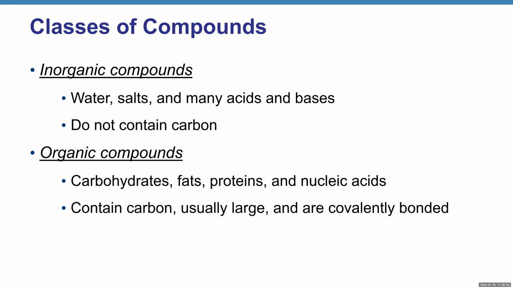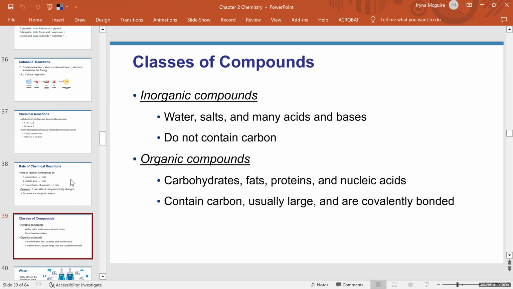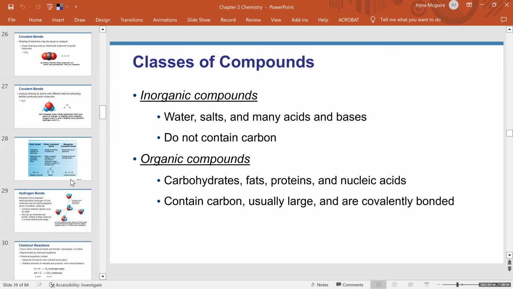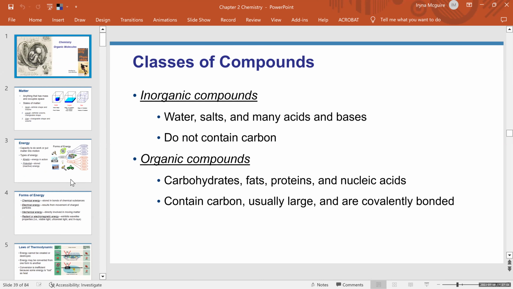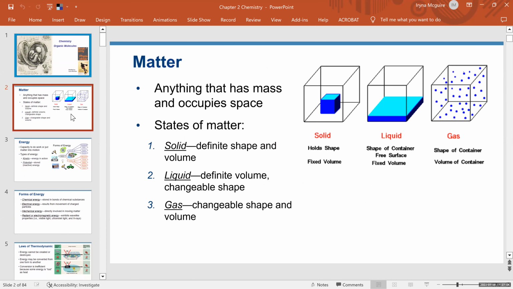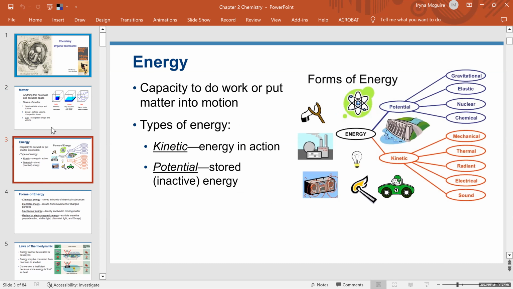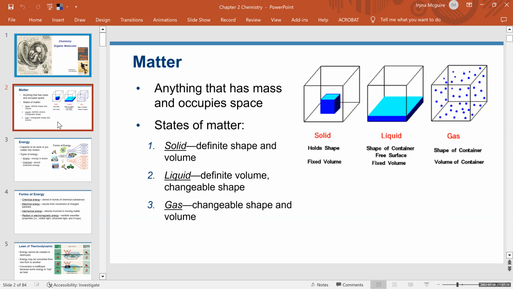Okay, now let's just summarize very quickly. We started this chapter talking about matter and energy, because the whole universe around us is made of matter and it's made of energy. So we want to get at this definition. What is matter?